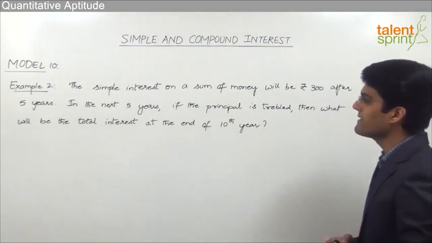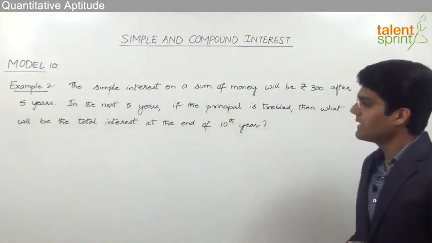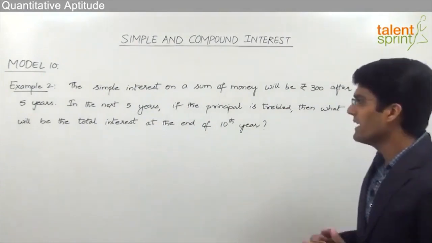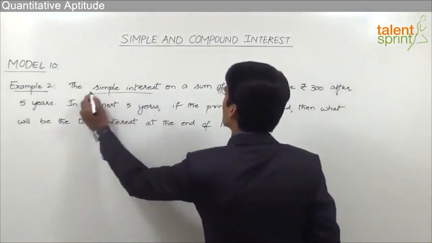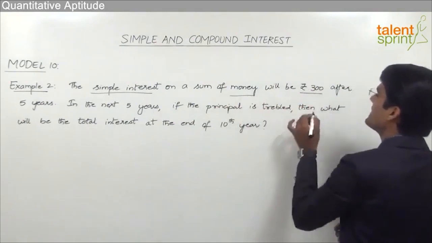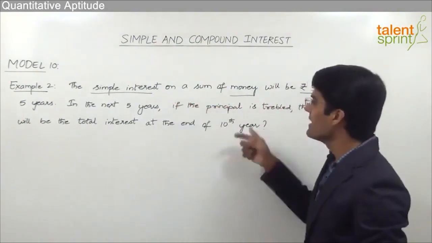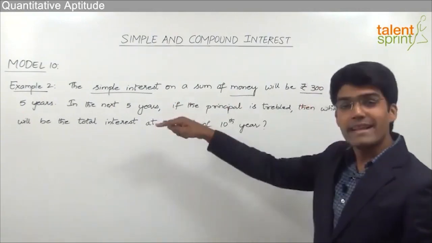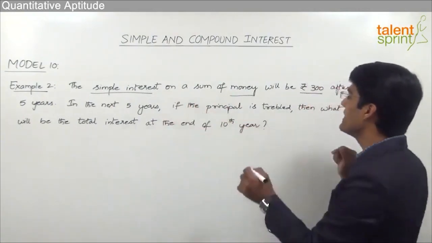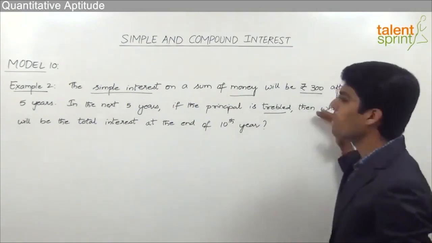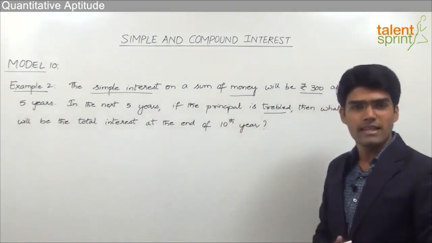In the next 5 years, if the principal is trebled, then what will be the total interest at the end of the 10th year? So very clearly the question says the simple interest on some principal amount is rupees 300 for 5 years. That means the total interest for 5 years is 300 rupees. In the next 5 years, the principal is trebled. That means the principal becomes 3 times. Then what will be the total interest at the end of the 10th year?